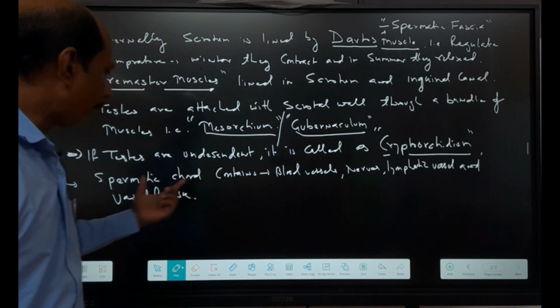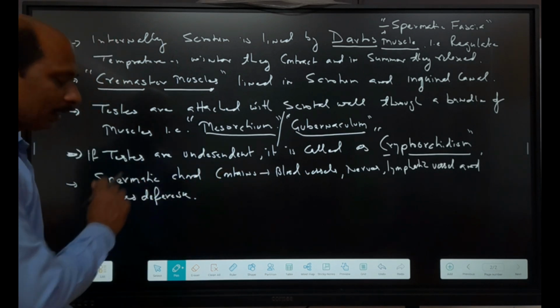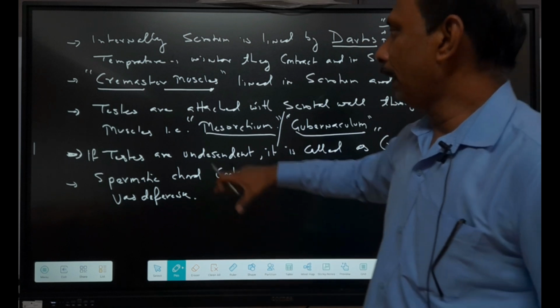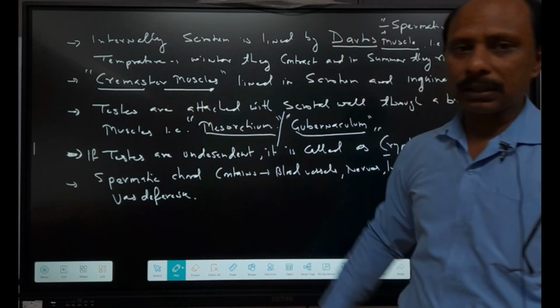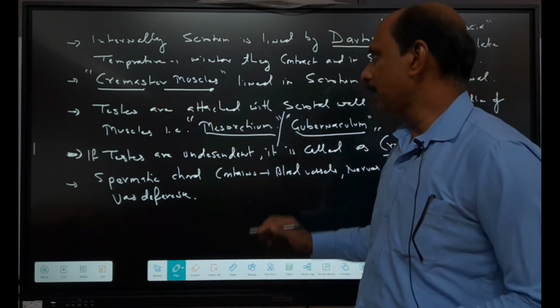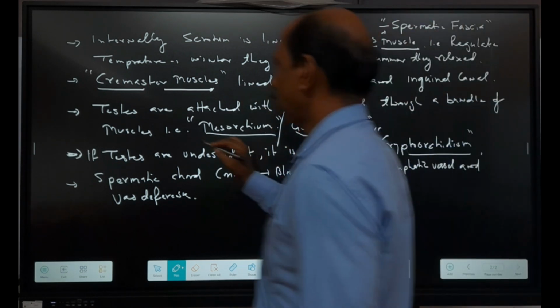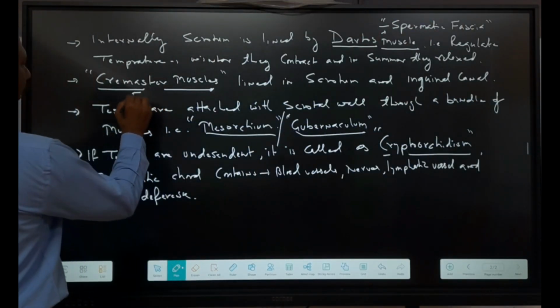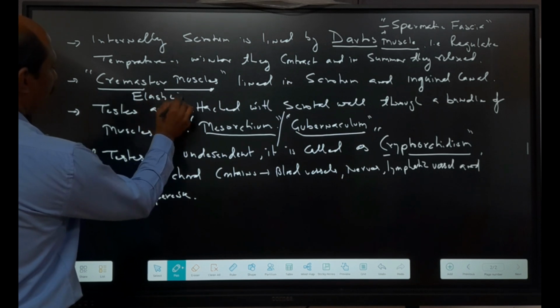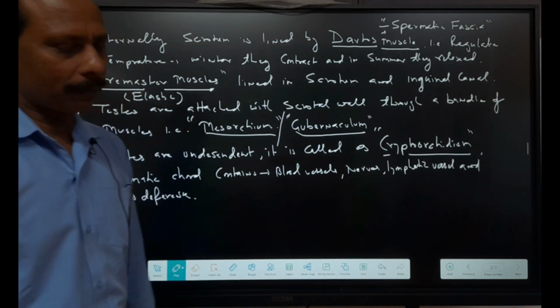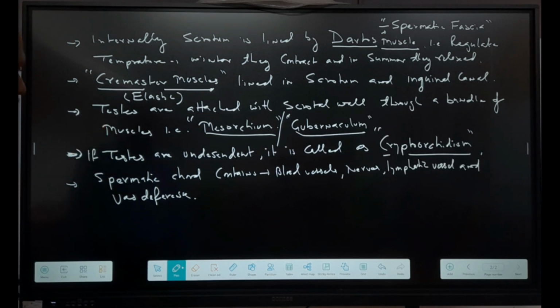These are the contents of the spermatic cord, and this spermatic cord is also lined by, I already told you, cremaster muscles. And cremaster muscles are elastic in nature. They are elastic, right? Elastic means they are made up of yellow elastin fibers.